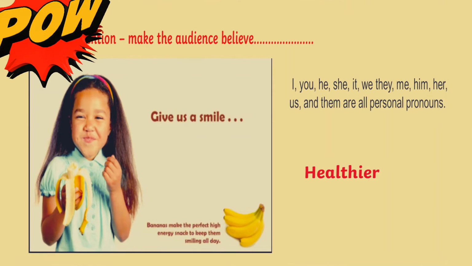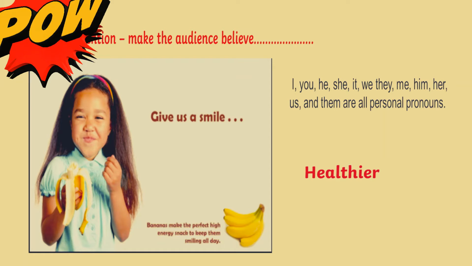And this is how it's being persuasive. We very often have persuasive adverts that use children at the front of the advert to make us think about what it's going to do for my children. How is it going to help? And I love this one in particular because of the language. "Give us a smile." Remember those personal pronouns? So you're looking for that personal pronoun and it says "us." It doesn't say "you," it doesn't say "me."